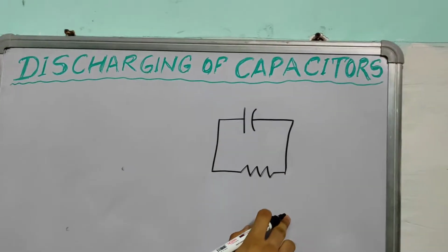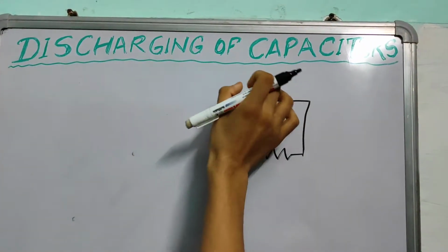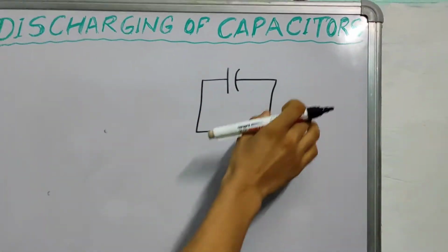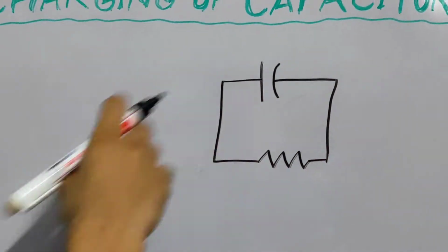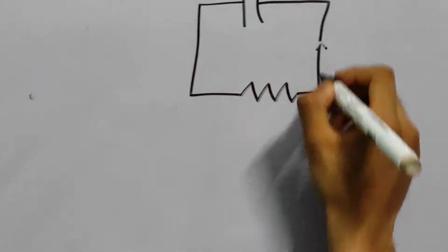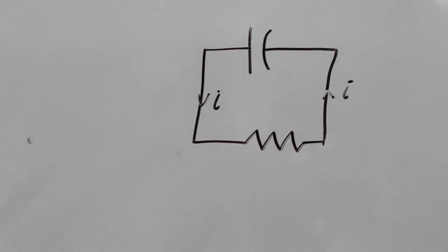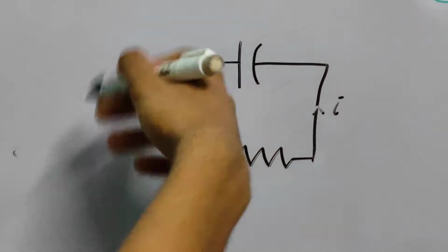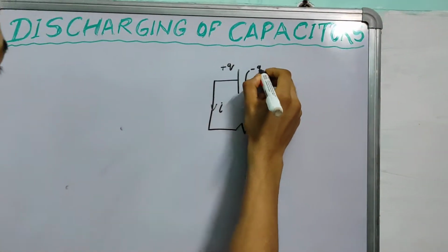And what we'll do is, this has some charge accumulated on it, and the charge will gradually decrease and we'll get a current. So let us say this is the direction of the current. I goes there, I. Fine. So since it goes like this, we will have positive Q, negative Q, with Q.